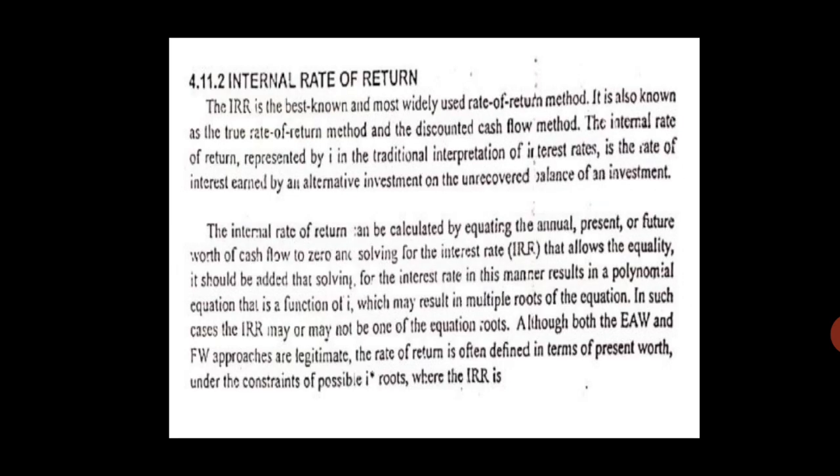So this is a very good method. Briefly, I'll tell you one thing. Suppose again we take a proposal of a taxi. You are buying a taxi for 5 lakh rupees. There are some costs and you can find out the present worth. There are 2-3 proposals.